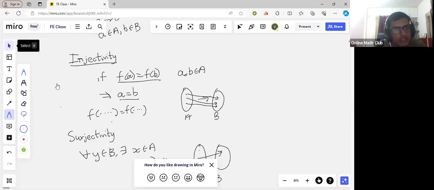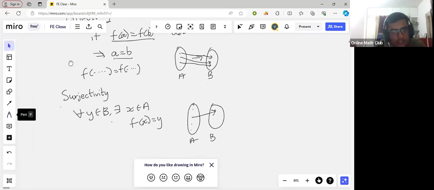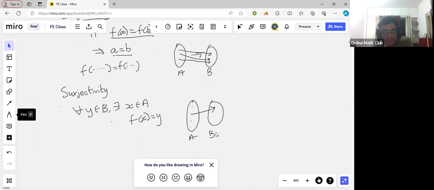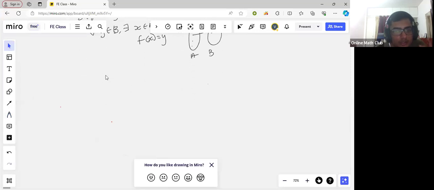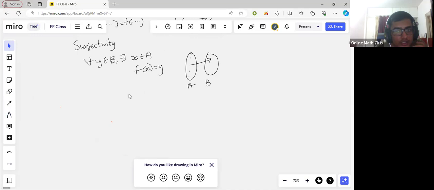And surjectivity means for every number in B, we can find some number in A so that it maps to it. These are commonly used things in functional equations. So we'll start with an example.